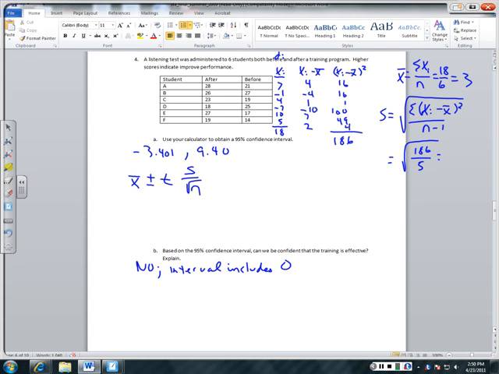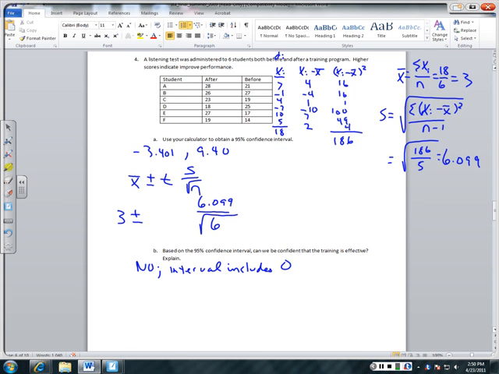That is about 6.099. If you rounded that to 6.1, that would be okay. So anyway, over here we have 3 plus or minus, we're going to get a t-value in a minute, times s, 6.099, divided by the square root of n, which is 6.